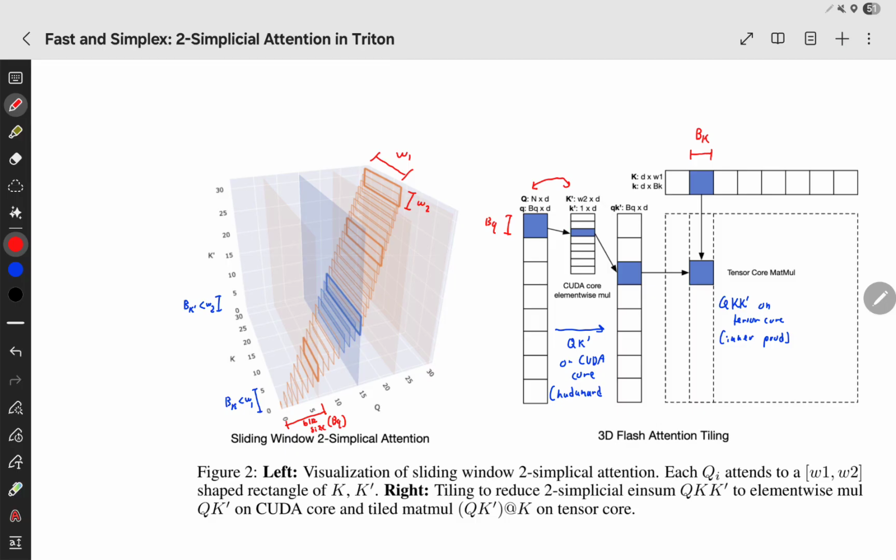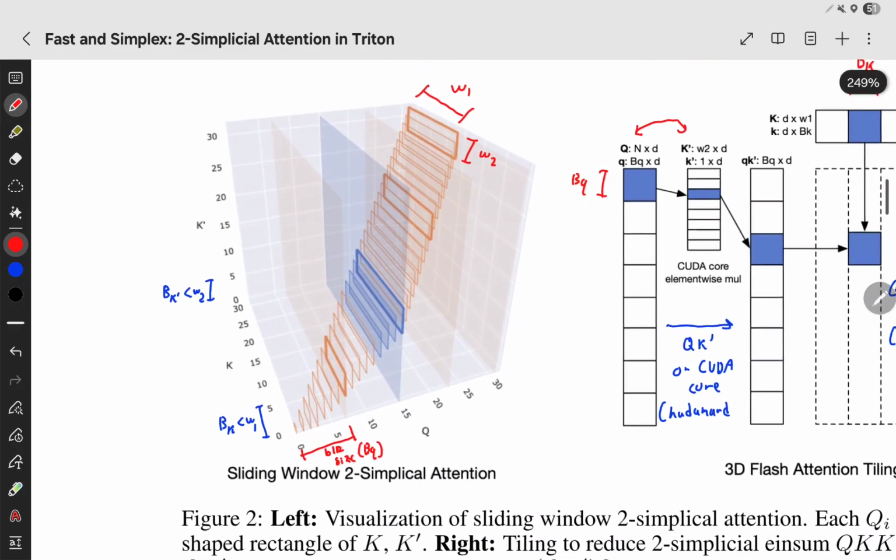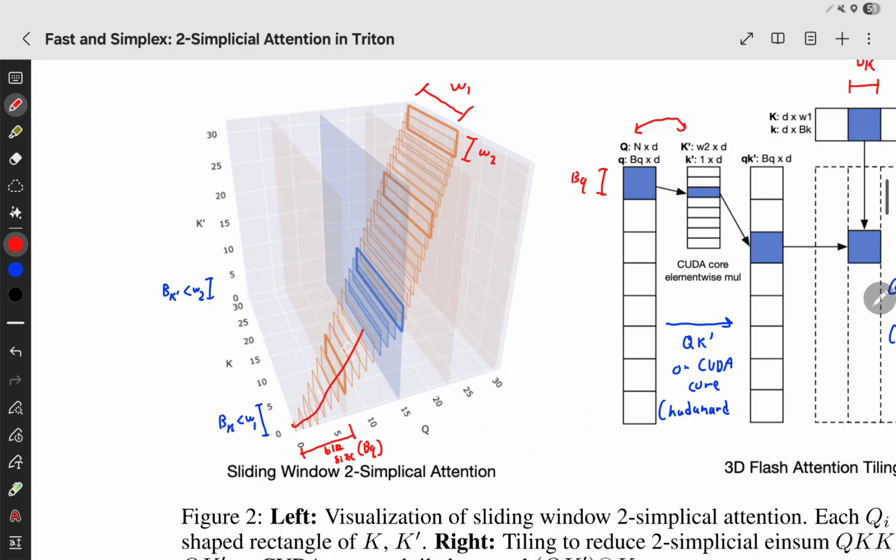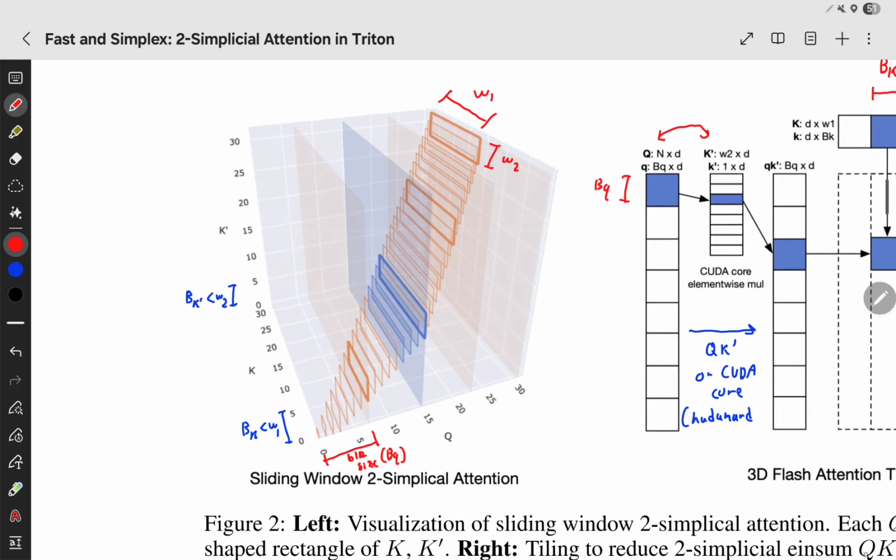So here's a sexy diagram they have. You can see here they have this sliding window. These are queries, these are keys, these are K primes. Normally you would just have this here, but you have a third axis that you add, and your windows are defined as W1 and W2.